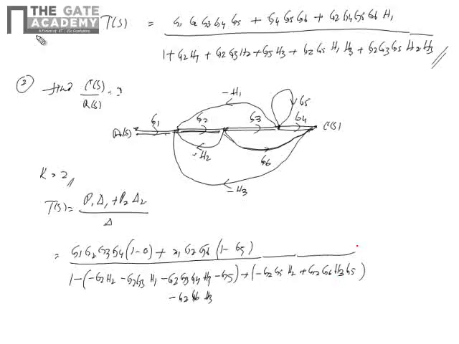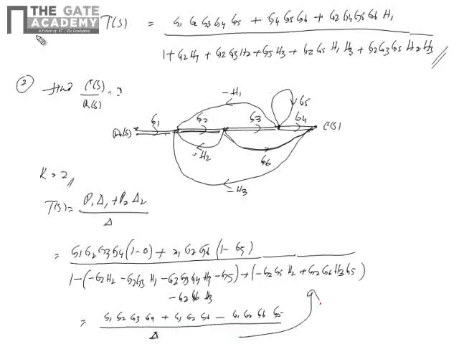Any three non-touching loops are there? No. So this will leave as it is. Then the final equation you will get: G1 G2 G3 G4 plus G1 G2 G6 minus G1 G2 G6 G5 divided by delta.